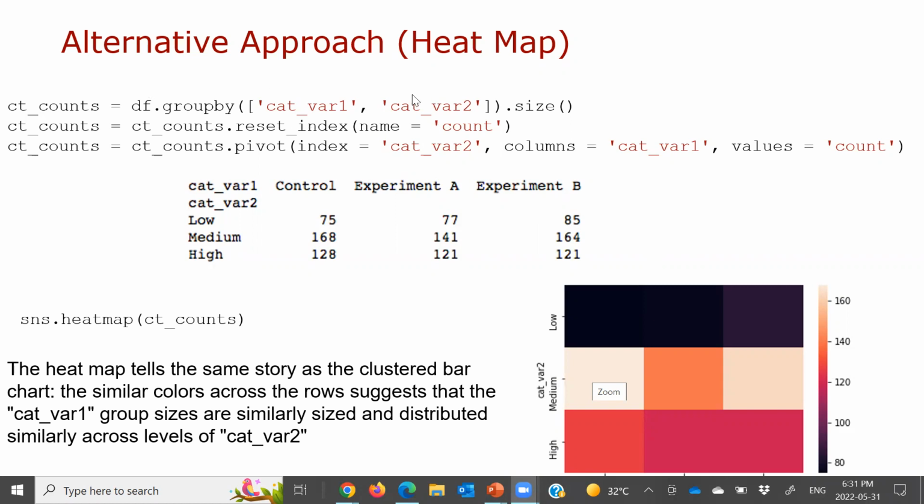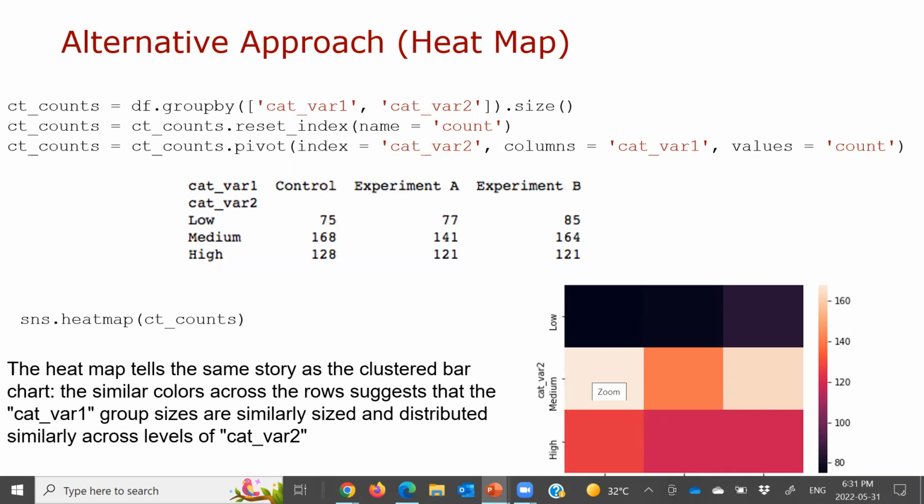Look at the first one here. What I have done, I said, look, group for me the two categorical variables that I want to draw, and give me the size of this and put it here. After that, I want to do something called reset index. And this is actually another function that is going to take the name of the count that I have, in order to create an array of these values here, of the count that I have here.